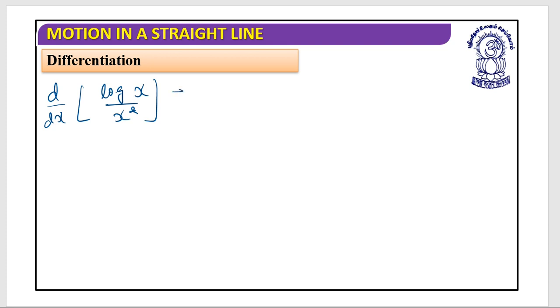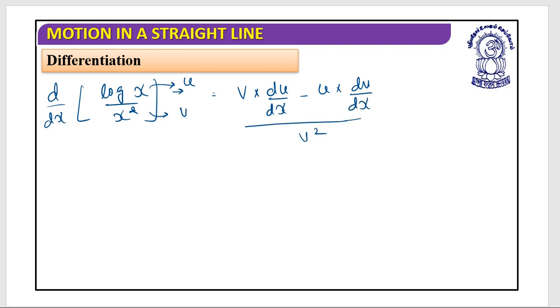So let's equate this, that this is my u, this is my v. What I need to write is, the formula is, v into du by dx minus of u into dv by dx, divide by v square.